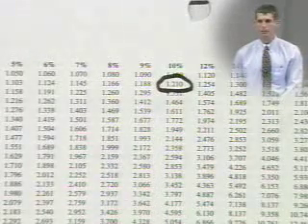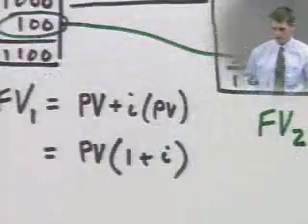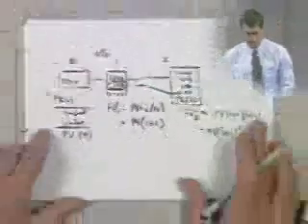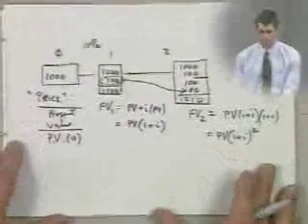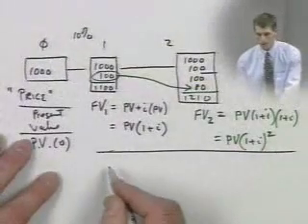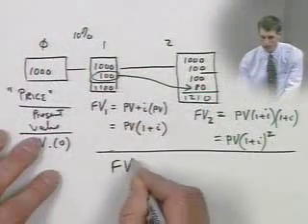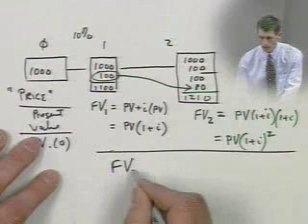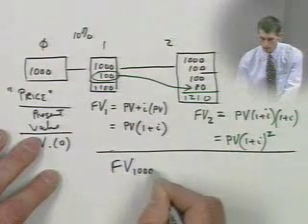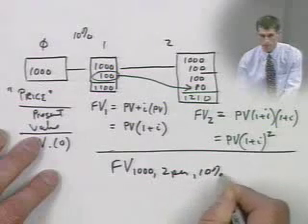Does that make sense to everybody? Okay, there we go. So in this particular case, what we're looking for is the future value of $1,000 for 2 periods at 10%.